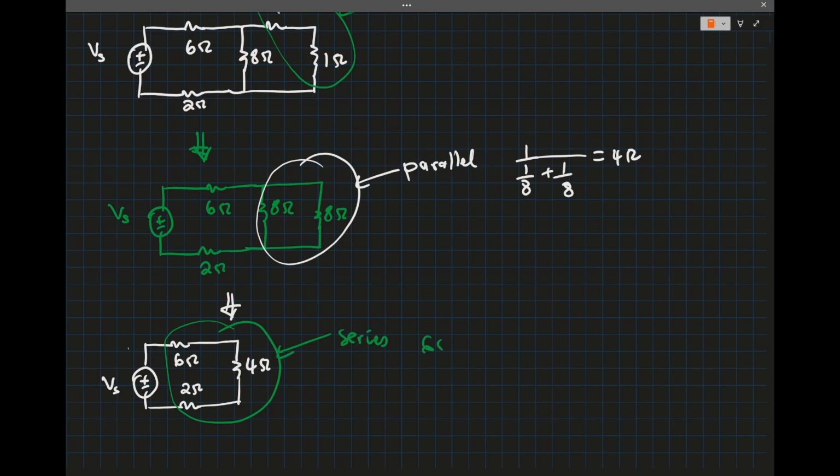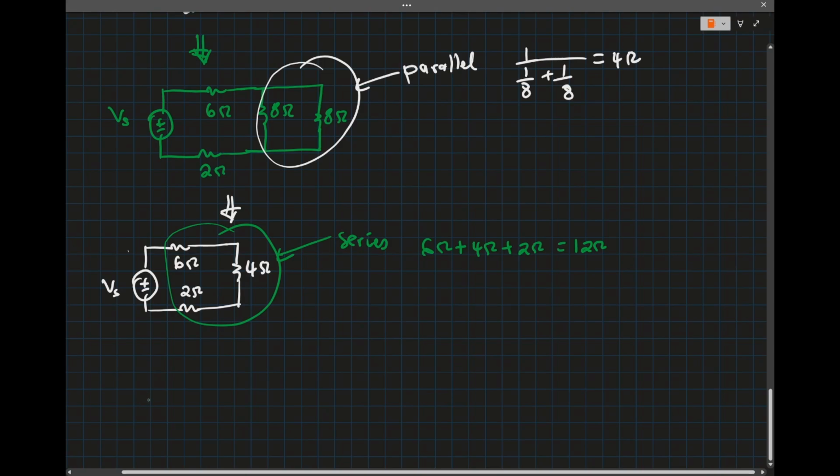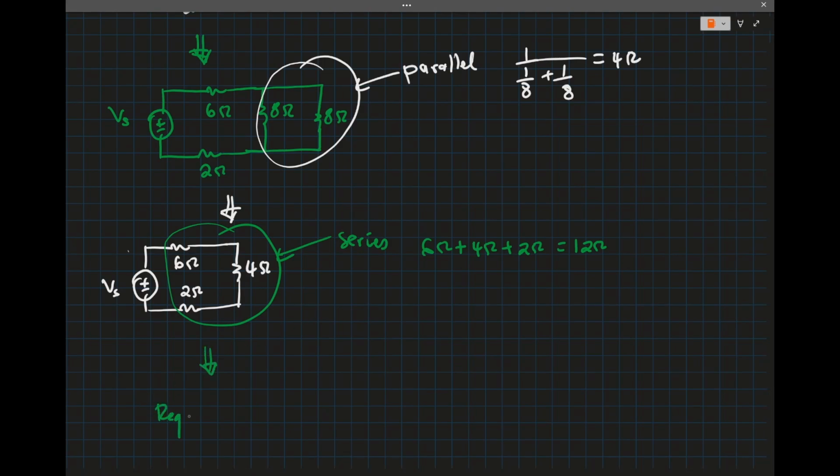So that's 6 ohms plus 4 ohms plus 2 ohms. This is 12 ohms. So that means we have R equivalent, which is 12 ohms. So the network is Vs and R equivalent, which is 12 ohms.